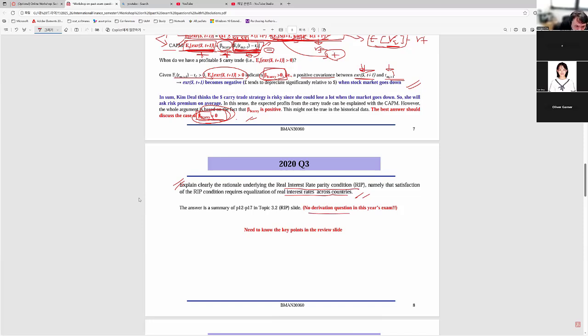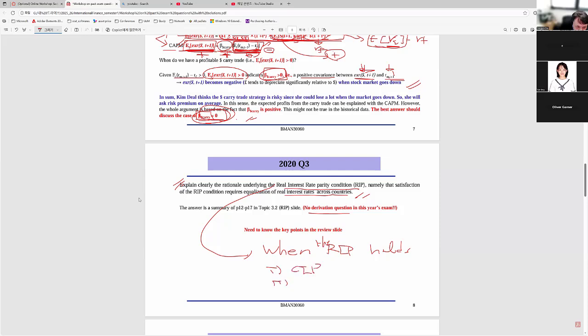There will be only MCQ questions, numerical or descriptive, on topics 1 to 3, right? So you don't have to know how to derive this one. However, what you need to know is when RIP holds. The three conditions: first, CIP should hold.